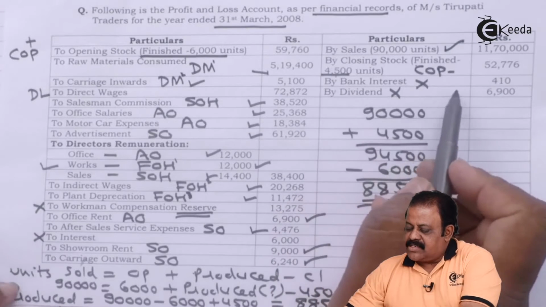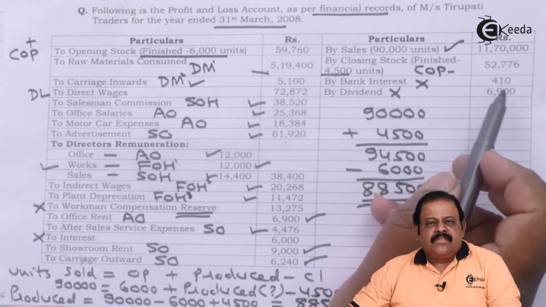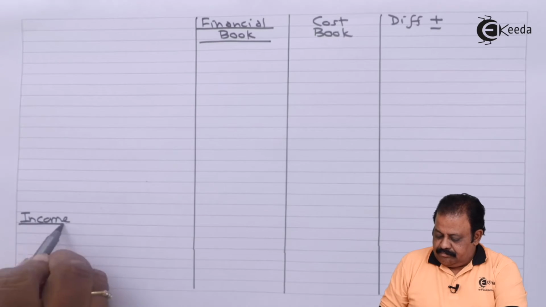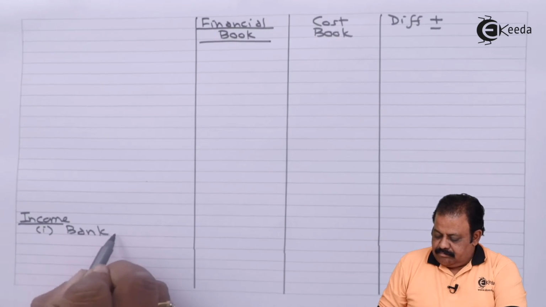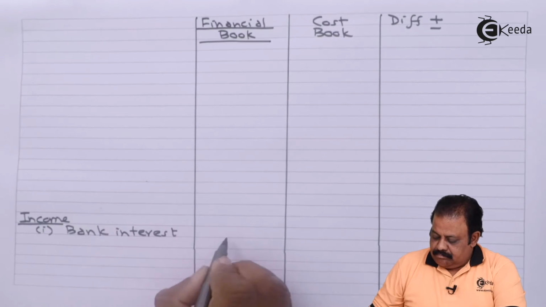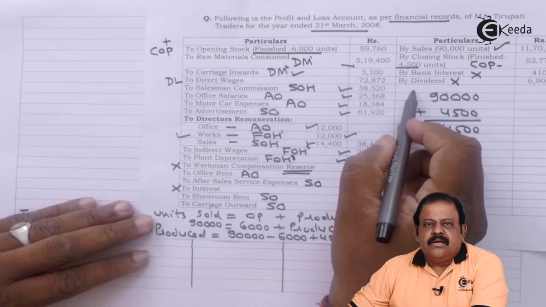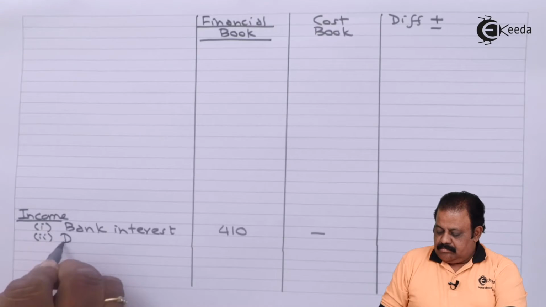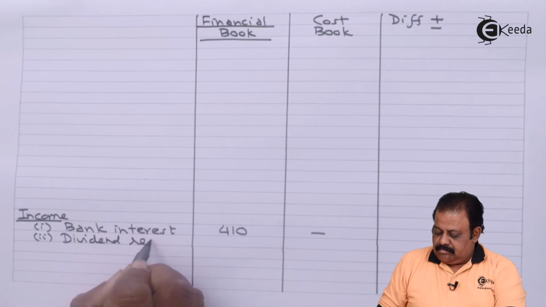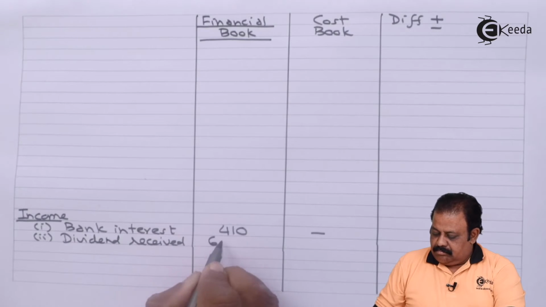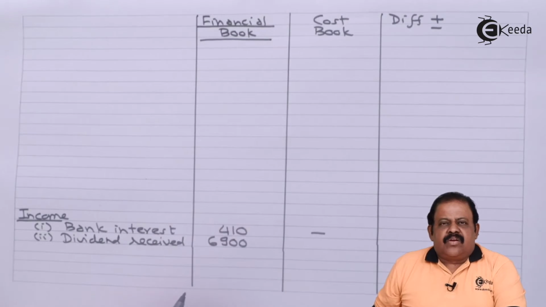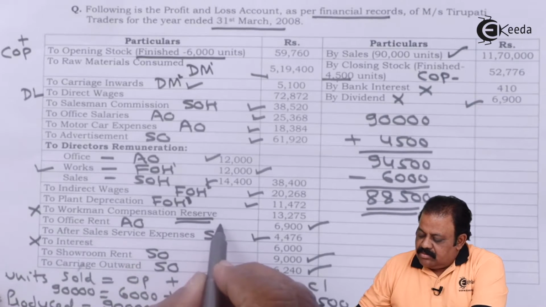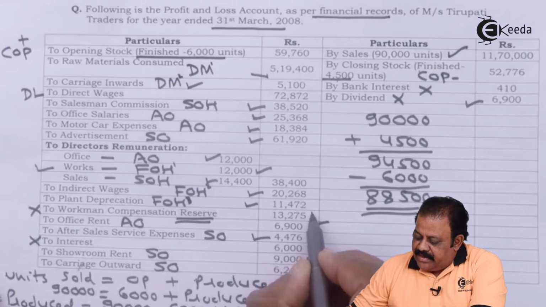We have bank interest 410, that is recorded only in financial book. Next we have dividend received 6,900. This is also recorded in financial book. Workmen's compensation reserve 13,275.